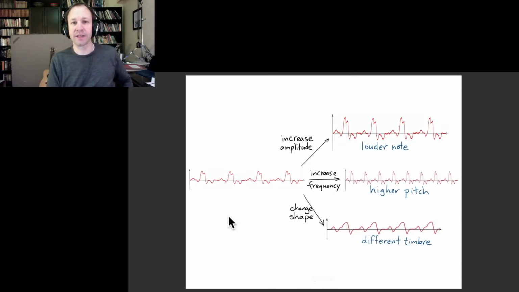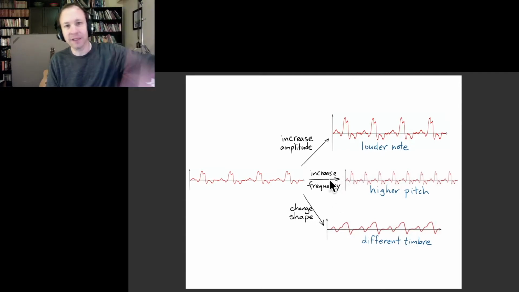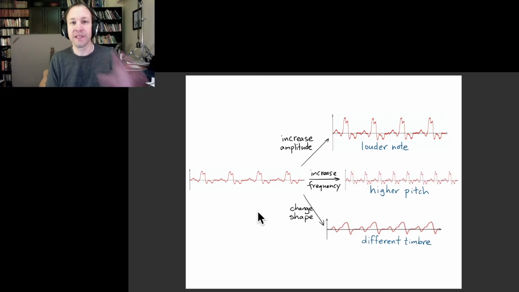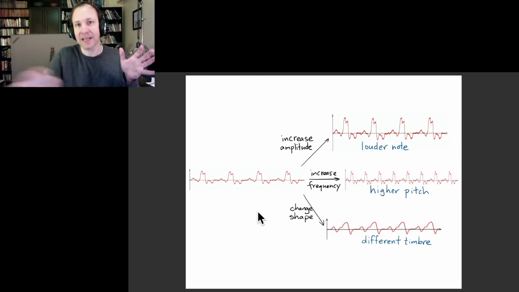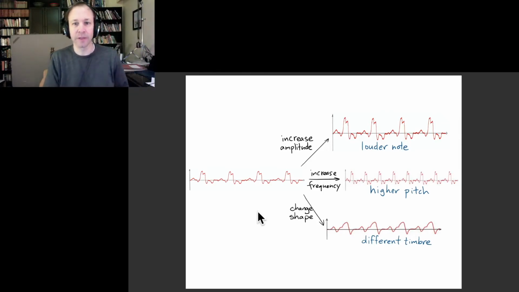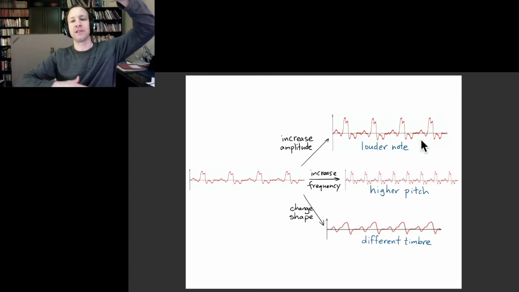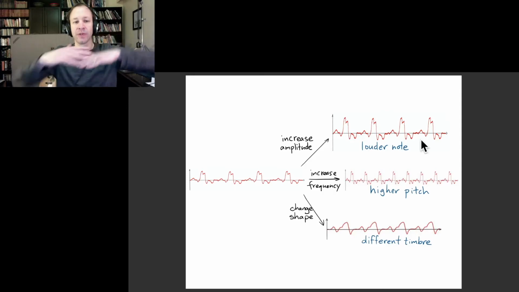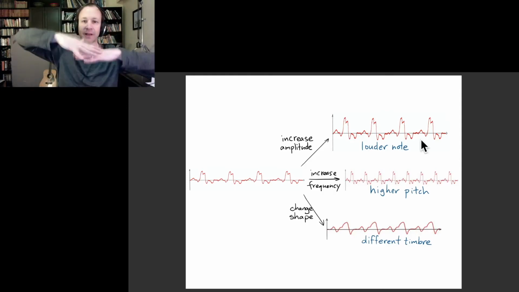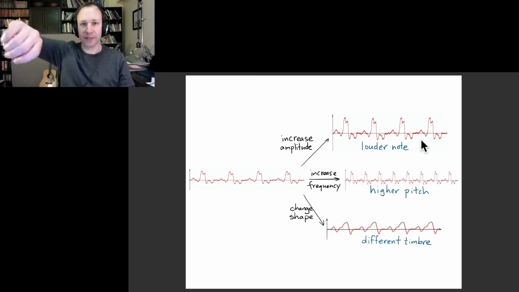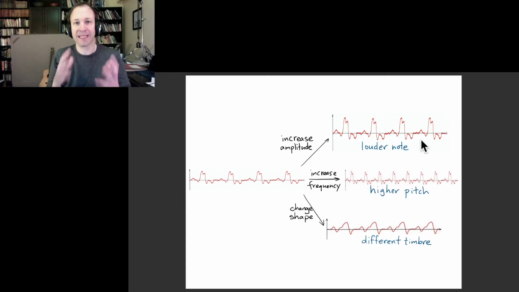And what I explained last time was that we can understand all of those three features through features of the periodic time graph that represents the musical note. The louder note would correspond just to a larger amplitude. So we could just imagine stretching the graph vertically, so a larger displacement of air, but in the same kind of pattern and at the same frequency.